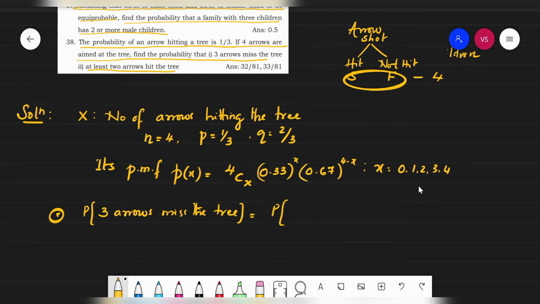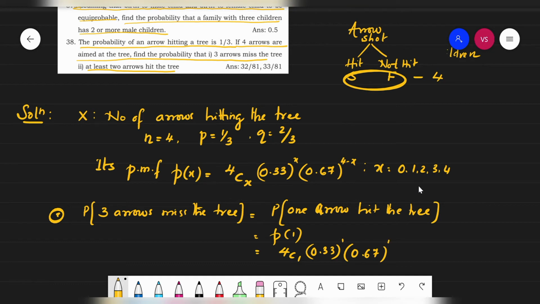So 3 arrows miss the tree is equal to 1 arrow hits the tree. That is equal to P of 1, which is 4C1, 0.33 raised to 1 and 0.67 raised to 4 minus 1.